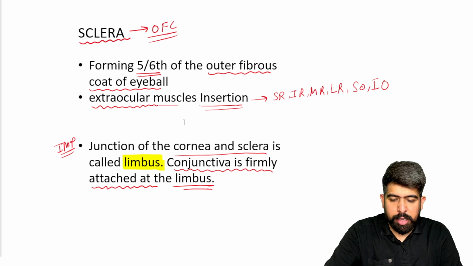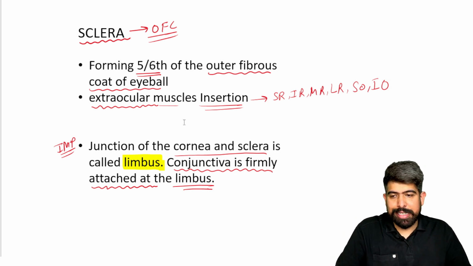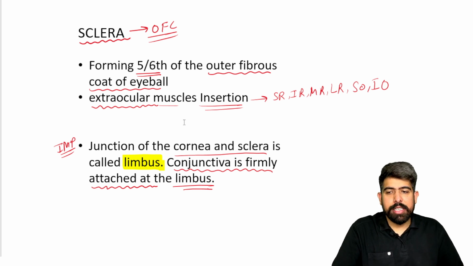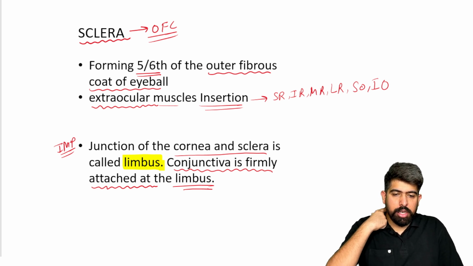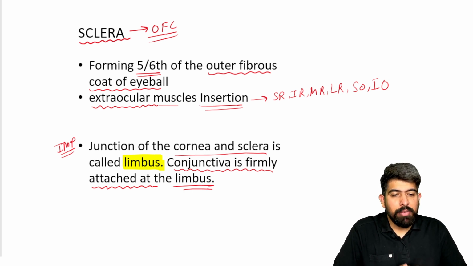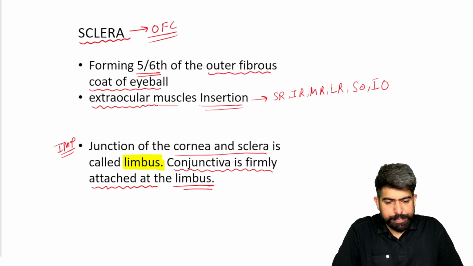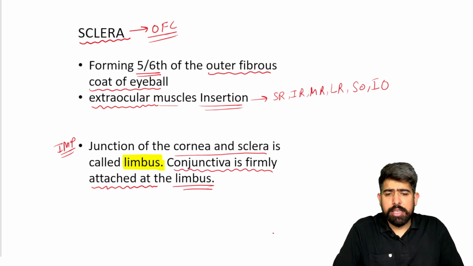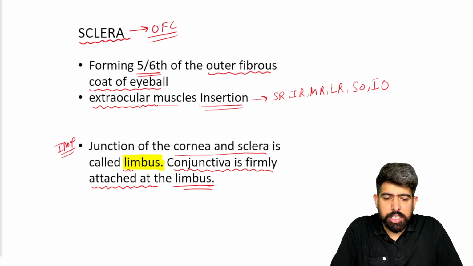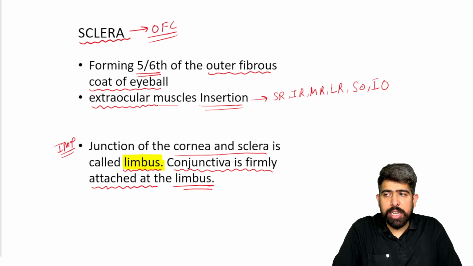In diseases, like pterygium, there will be degeneration, and the conjunctiva will be seen over the cornea. But normally, the conjunctiva goes only till the limbus. So remember the limbus: it is the junction between the cornea and the sclera, the corneoscleral junction.